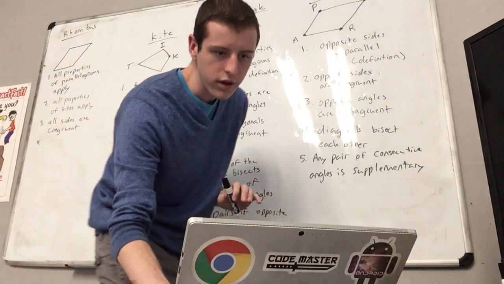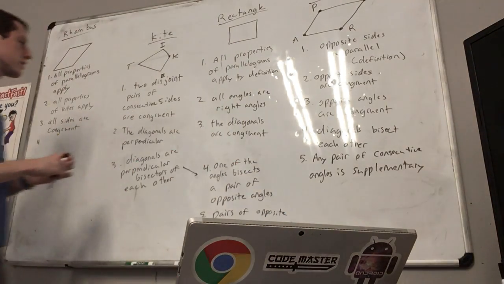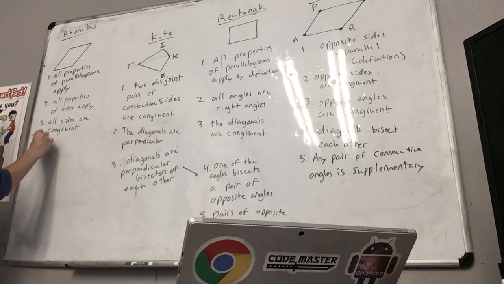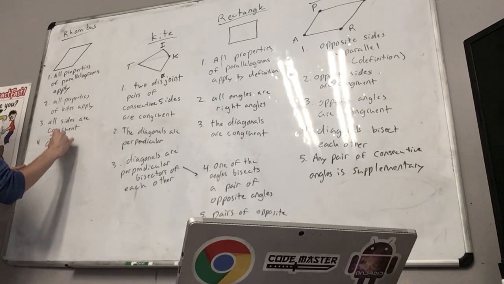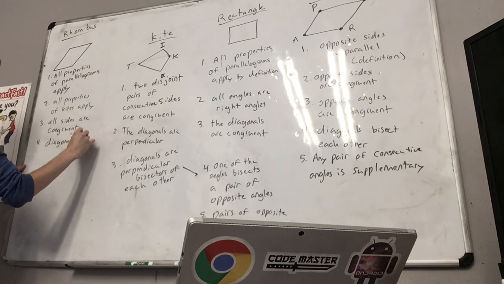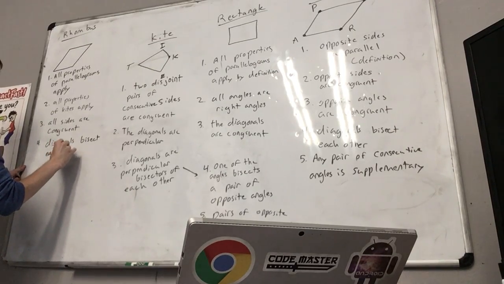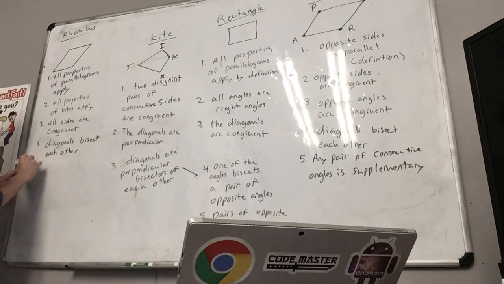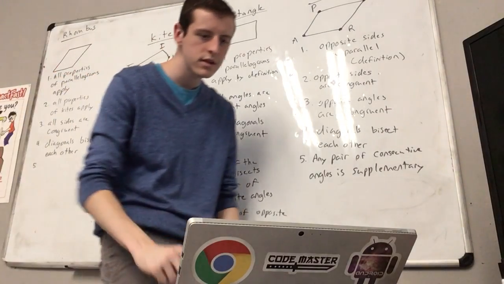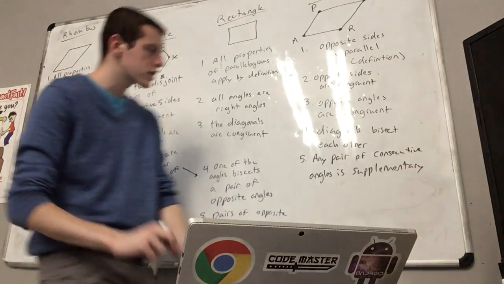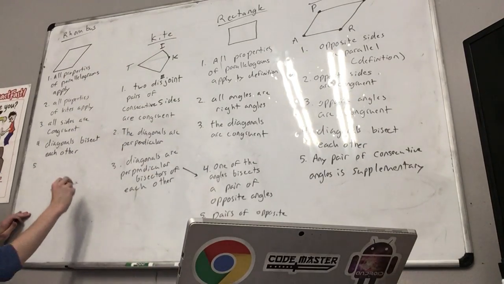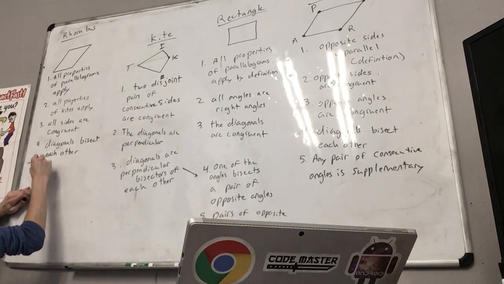Rhombus number 4. Okay. The diagonals bisect each other. Okay. And then the diagonals are perpendicular bisectors of each other.